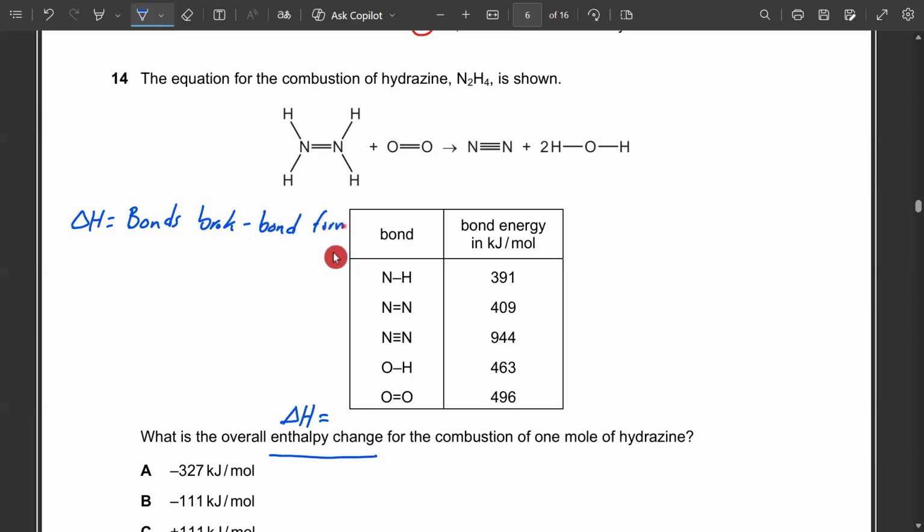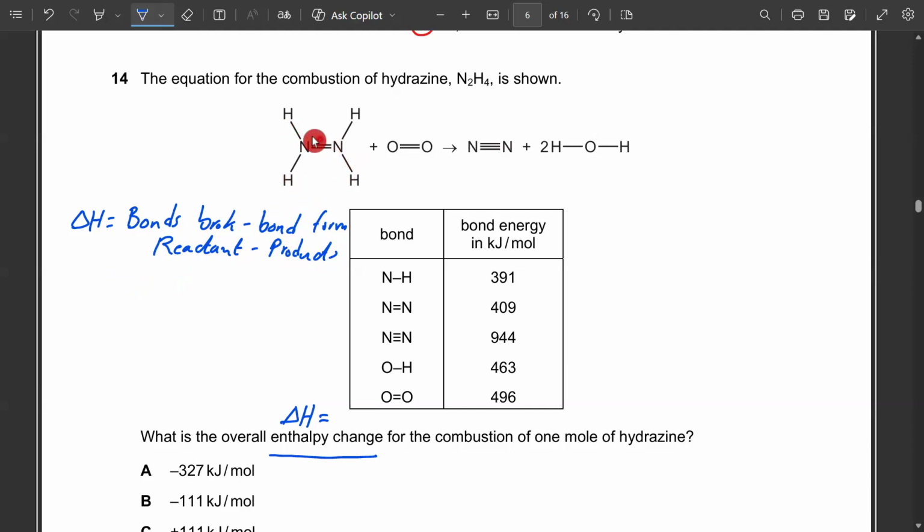It's the simplest formula which you can learn. Bonds broken are done for the reactants, whereas bonds formed are done for the products. Now you have to calculate the bond energies of the reactants as well as the products.